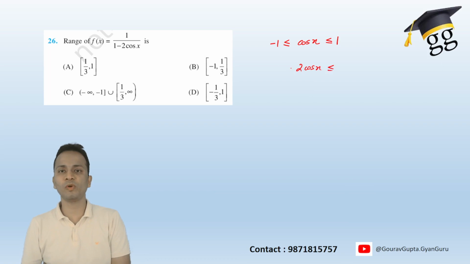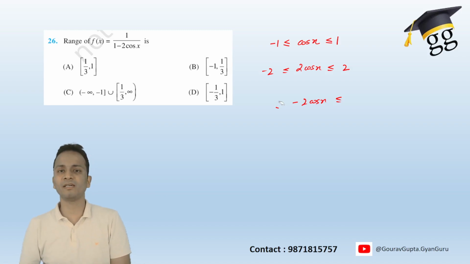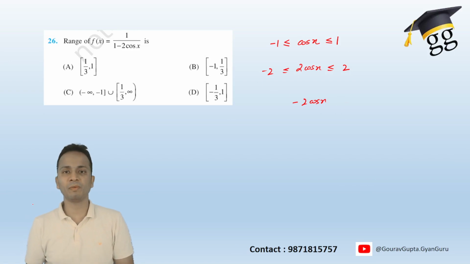So what will be the range for 2 cos x? 2 cos x will be between -2 and +2. Similarly, -2 cos x will be between, you can change the signs. If I multiply with a negative number, it will become less than or equal to 2 and greater than or equal to -2.